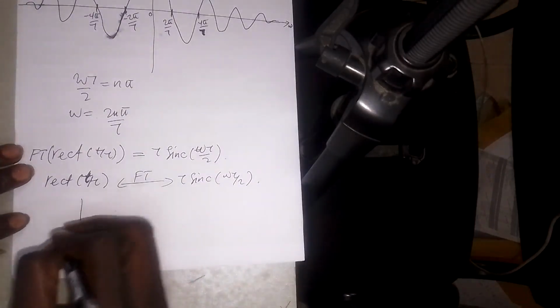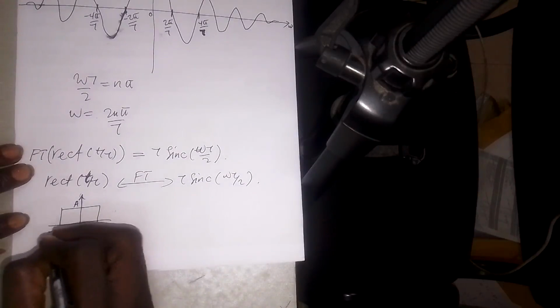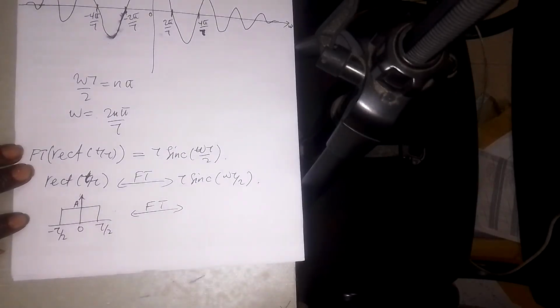You see that this is the rectangular pulse. Let's say here is A, and here is minus tau on 2, tau on 2, and here is 0. Let's find its Fourier transform from this.